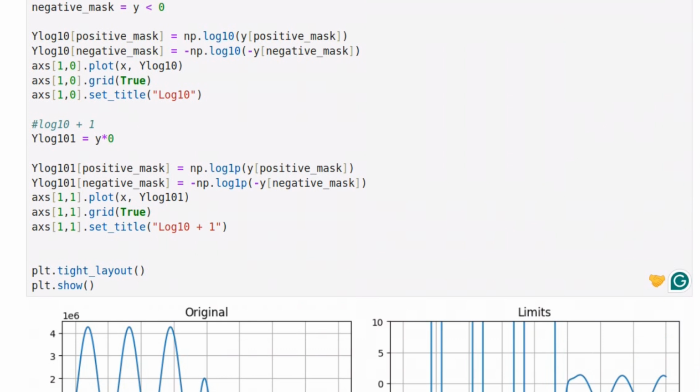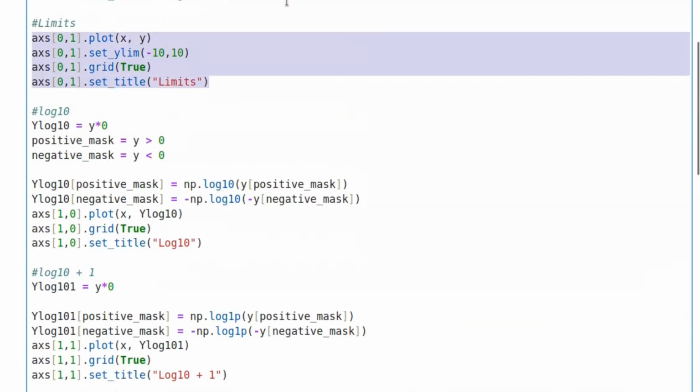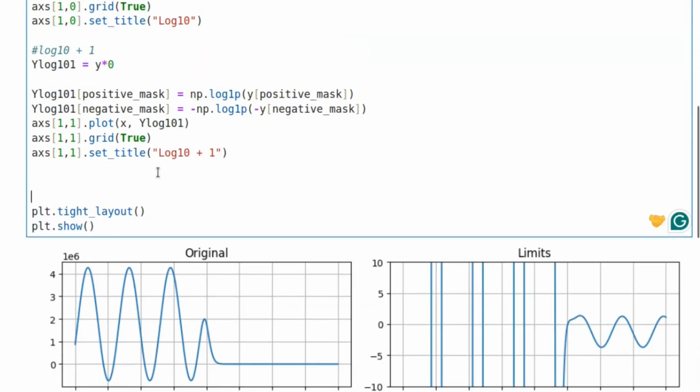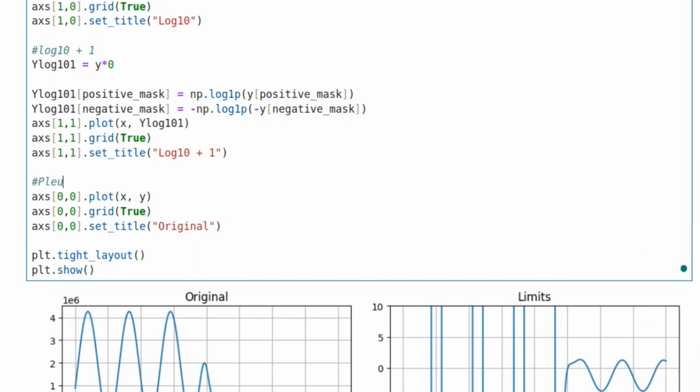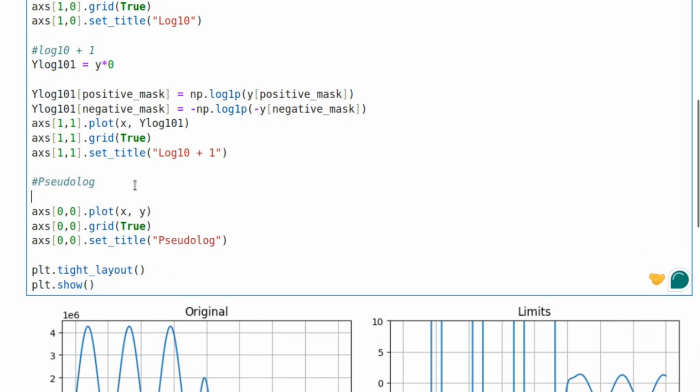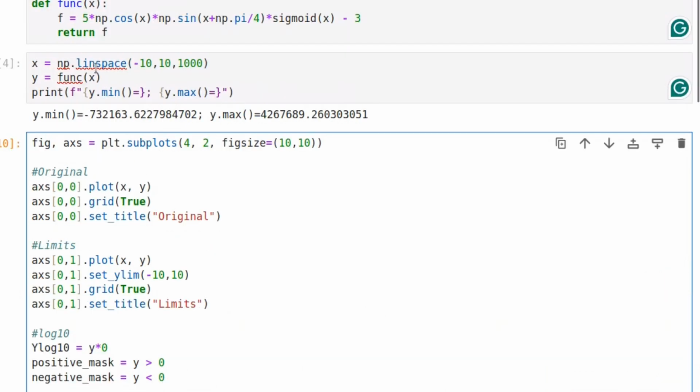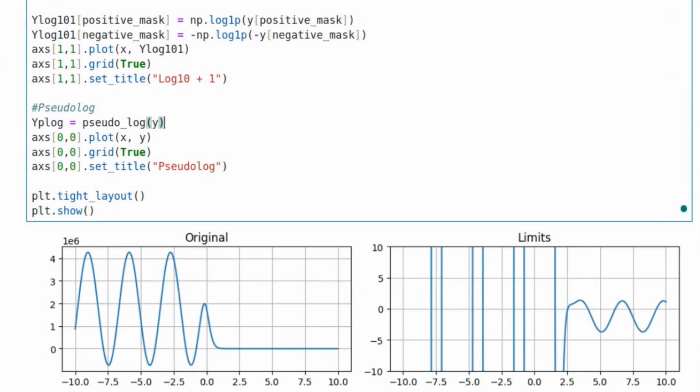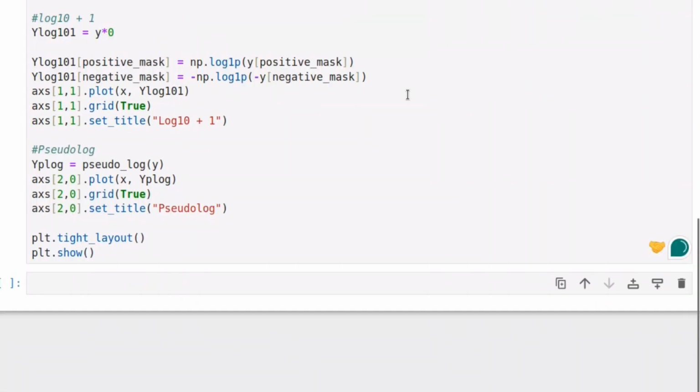So let's apply it, and as you can see, the hyperbolic arc sine is defined on the whole range, and you don't need to split it into positive and negative values. So let's see what happened. By the way, the description of all these functions you can read in the blog with the links under the video. So let's do some minor changes, and now let's see the result.